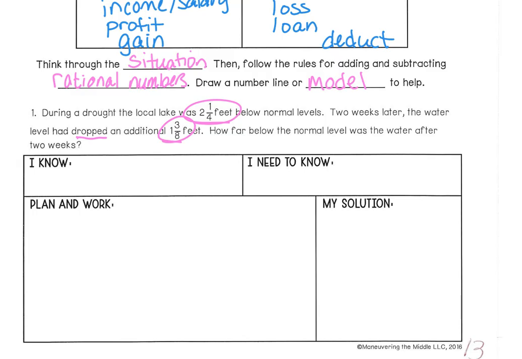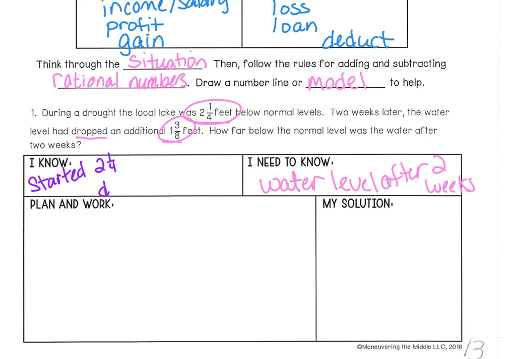So we're looking for the water level after the 2 weeks. Yes, you have to fill this in. Okay, so that's what we need to know. That's what we're looking for. What do we know? We know that it started at 2¼ feet.